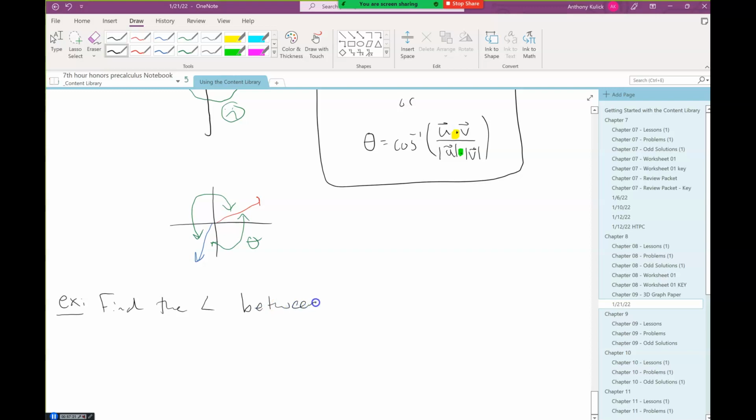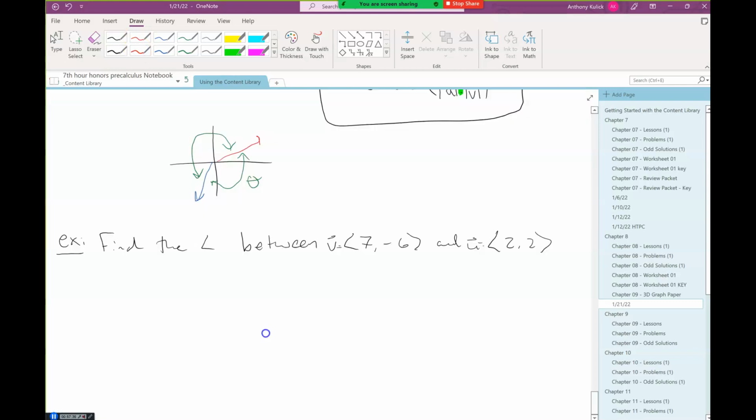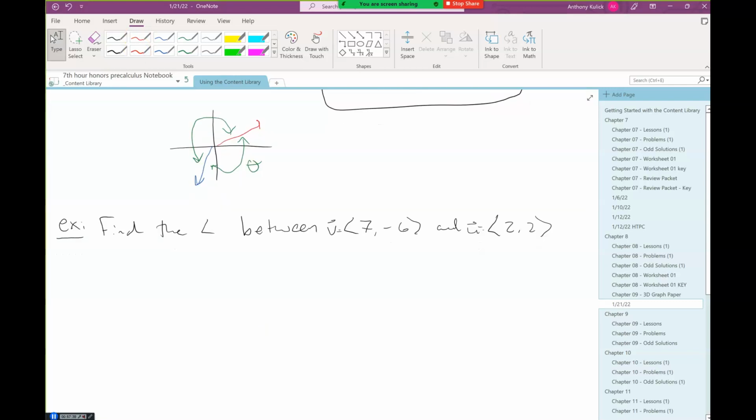But let's do a numeric example. I guess we'll give these guys names. Okay, so let's find the angle between the vectors v and u. So to do that, I need three things.